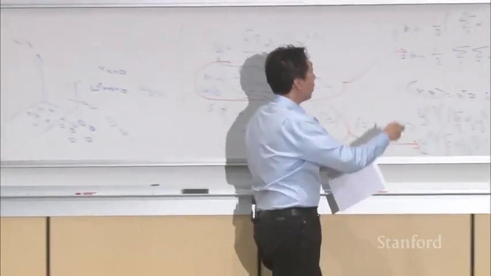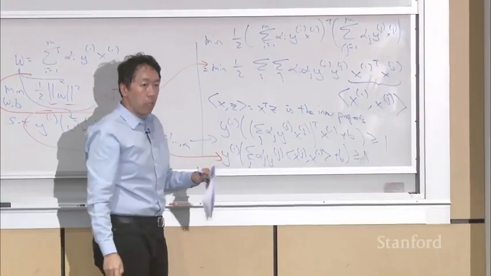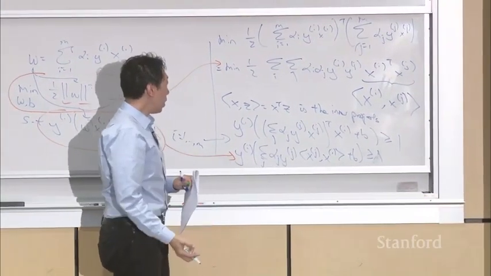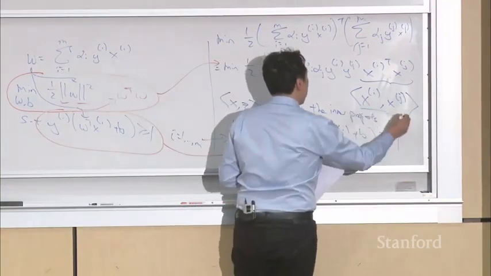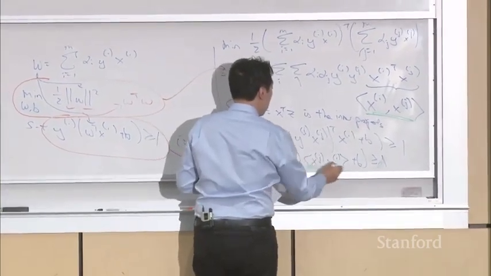And the key property we're going to use is that if you look at these two equations in terms of how we pose the optimization problem, the only place that the feature vectors appear is in this inner product.